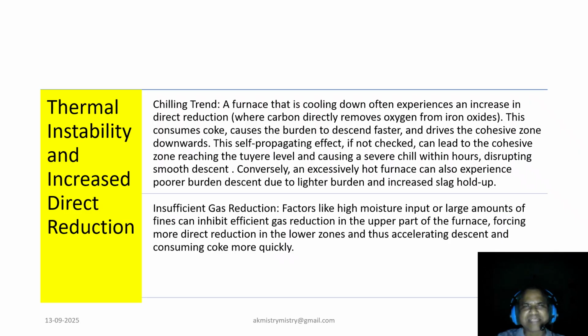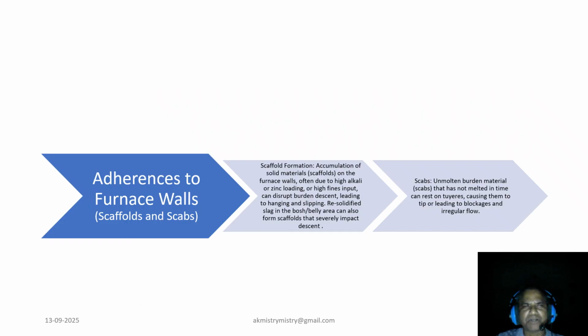So we can say that suboptimal softening and melting properties of burden material are also critical, and material that softens or melts at low temperature or has a wide softening melting range can create an impermeable layer high in the stack, hindering the gas flow and promoting bridge formation.